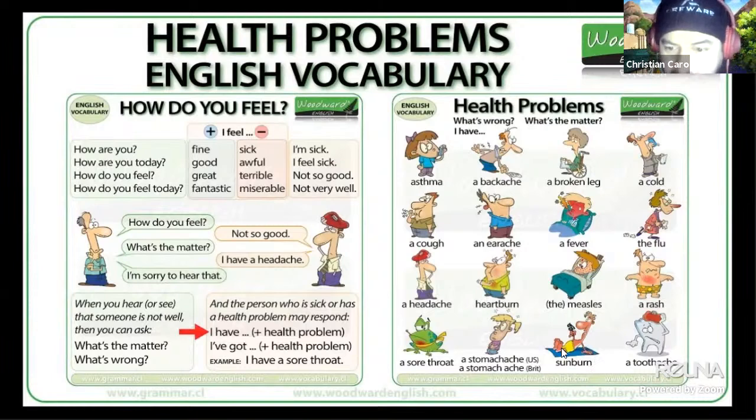Sunburns in this case, which is typically when you fall asleep on the beach, or don't use your sunblock, don't wear your protection. And toothache, which can be any tooth, or sometimes it is caused by cavities, caries, cavities, and so on.